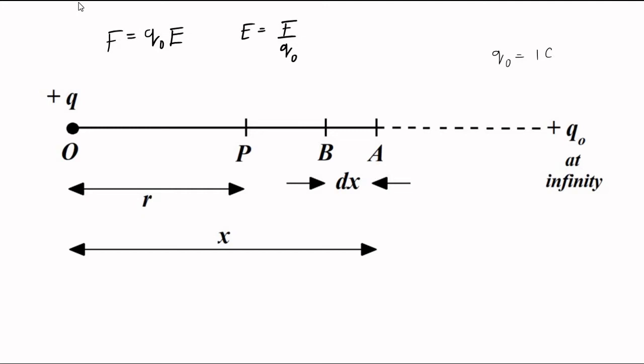So in order to move this test charge against the electric field, a force in the opposite direction has to be exerted, so that force will be minus Q0 E, because it has to be moved opposite to the Coulombic force.